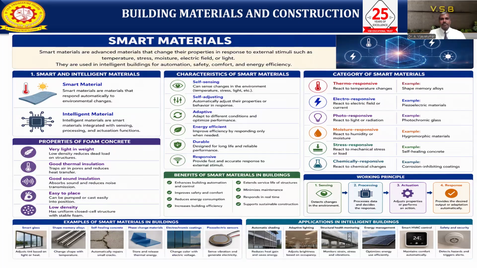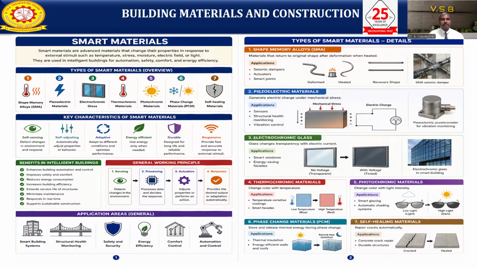Next, we are going to discuss smart materials. Smart materials are advanced materials that change their properties in response to external stimuli such as temperature, stress, moisture, electric field, or light.